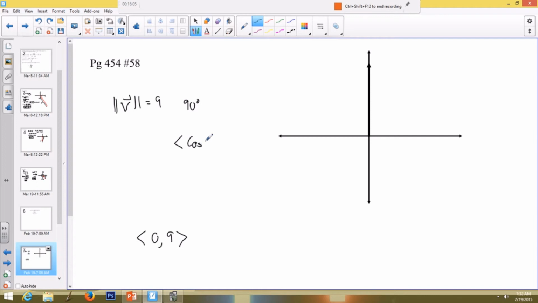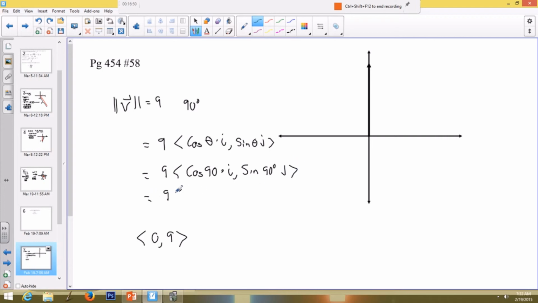The cosine of the angle theta times the i vector, the horizontal unit vector, plus the sine of theta times the j vector, the vertical unit vector. So if we do 9 times that, we're going to end up with 9 cosine of 90 degrees times the i vector, and the sine of 90 degrees times the j vector.